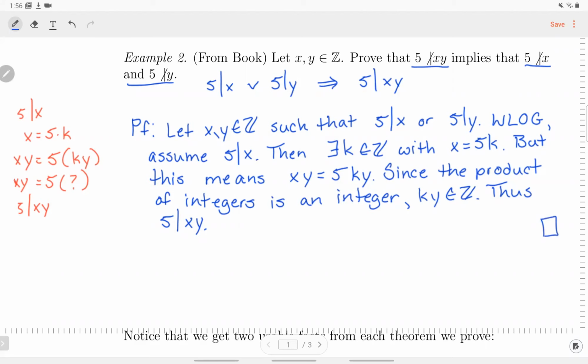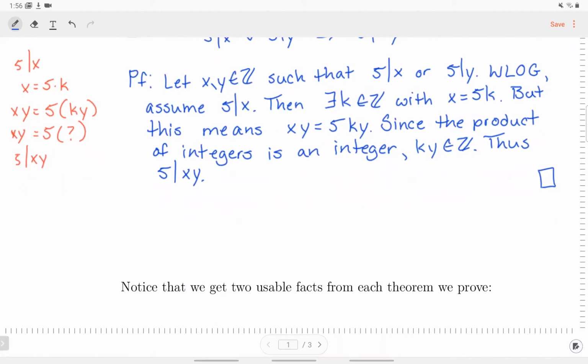So what you should notice here is every single time you prove something that's a conditional, you actually get 2 statements that you've proven. We get 2 usable facts from each theorem we prove: original and contrapositive.